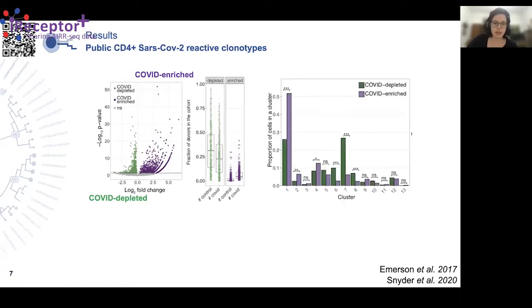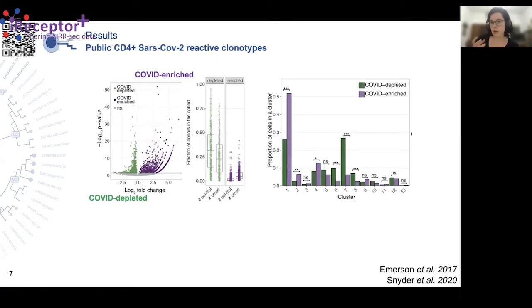And then with this list of clonotypes, one thing that we wanted to see is whether we find a specific or preferential phenotype of these clonotypes. The difference that we see is that the clonotypes enriched in COVID-19 patients are also enriched in the follicular T cell compartment, while the clonotypes that we found depleted in COVID-19 patients are enriched in the effector and central memory phenotypes.